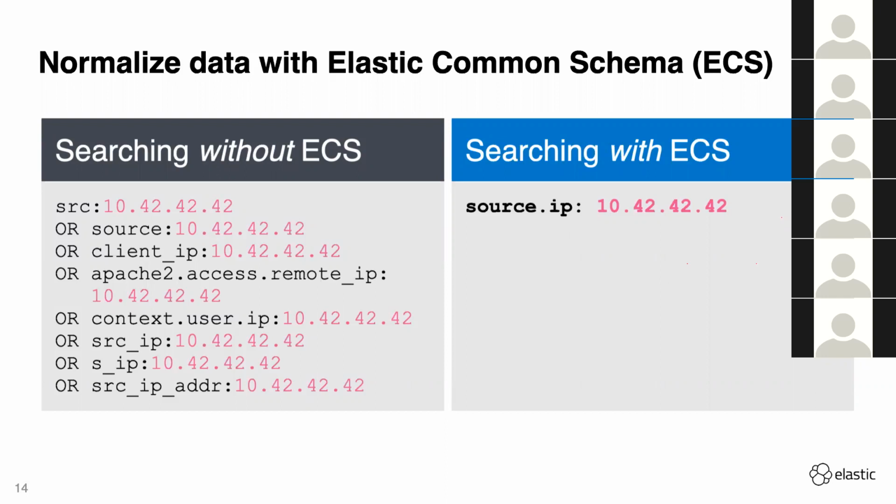So if you want, for example, to run a query or build a dashboard, you need to do it for each field independently, which makes it painful and will not return better results. So Elastic innovated this common schema. The source IP will be source.ip, the MAC will be source.mac, and so on.